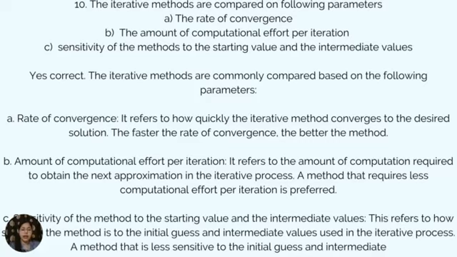A method that requires less computational effort per iteration is preferred. C, sensitivity of the method to the starting value and the intermediate values. This refers to how sensitive the method is to the initial guess and intermediate values used in the iterative process. A method that is less sensitive to the initial guess and intermediate values is preferred.